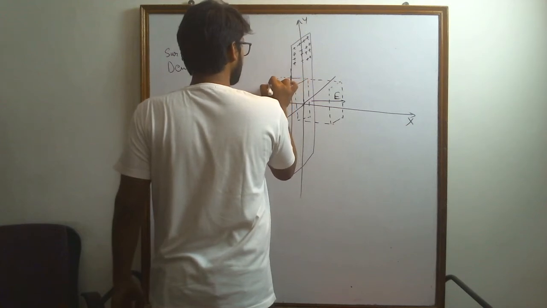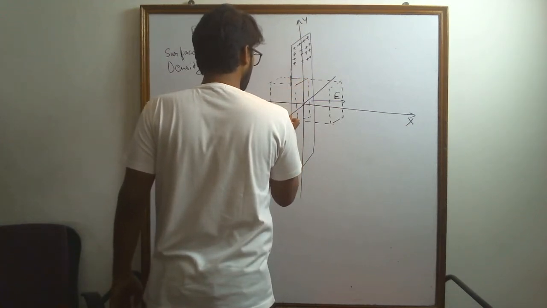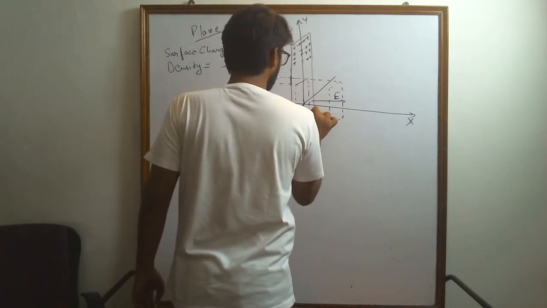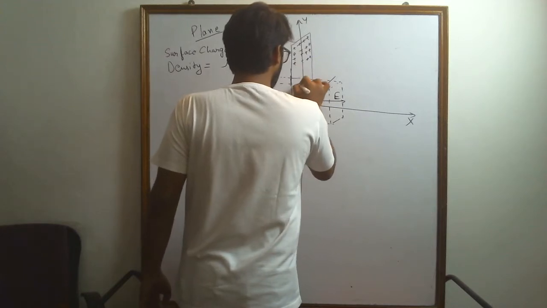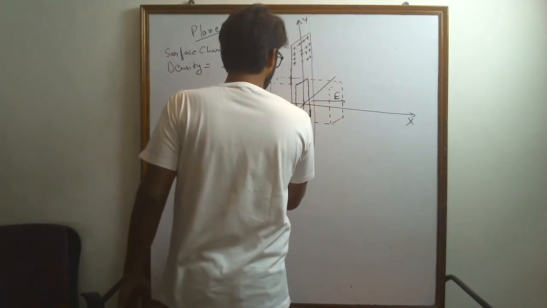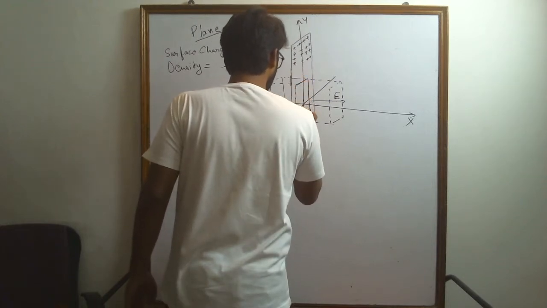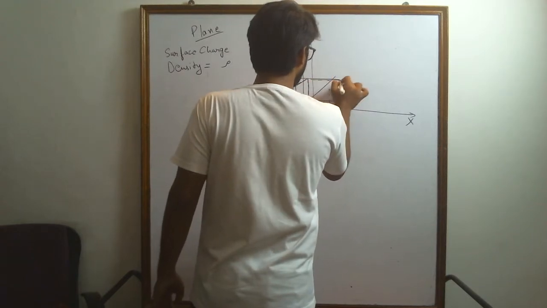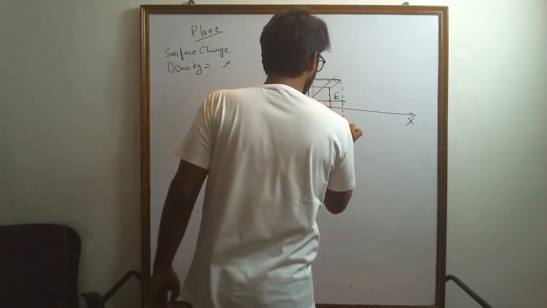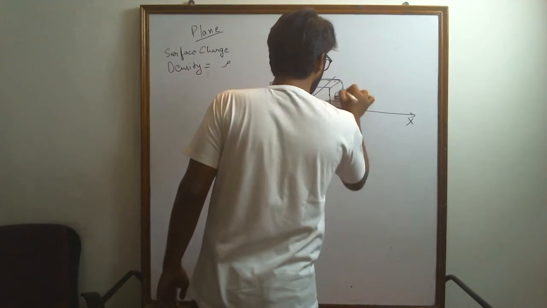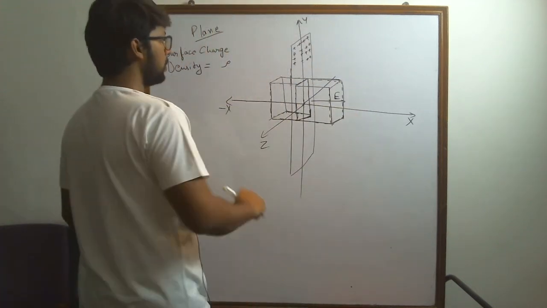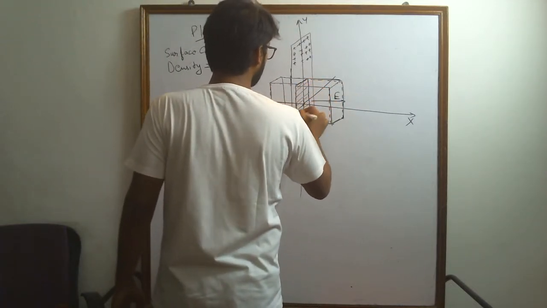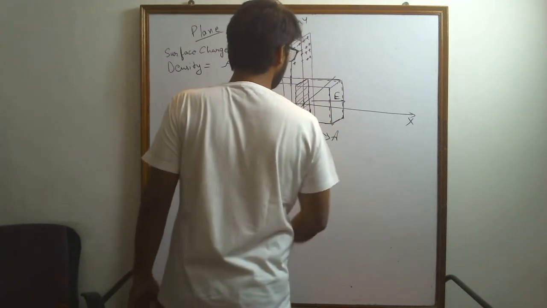Obviously it will extend both ways, like this. It's difficult to see, but you'll understand the area that I have taken. This area in the middle is area A.